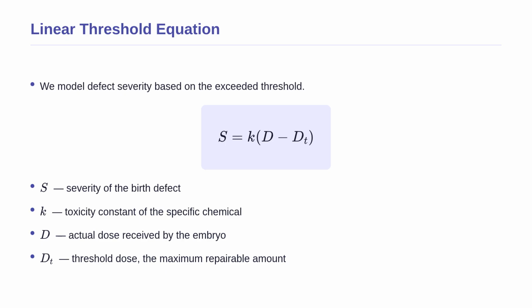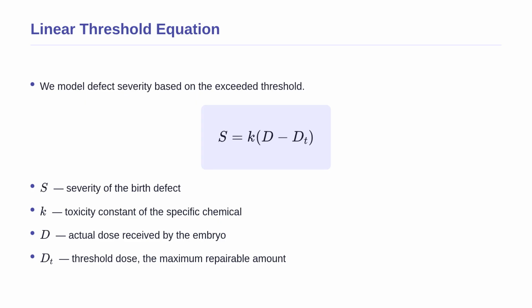To quantify this repair capacity, we use the linear threshold equation. The severity of the birth defect, S, equals K times the quantity D minus D subscript T. Here, D is the actual dose the embryo receives, and D subscript T is the threshold dose, which is the maximum amount the embryo can perfectly repair.